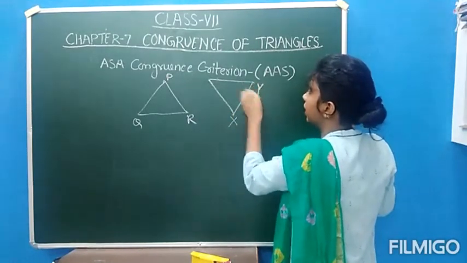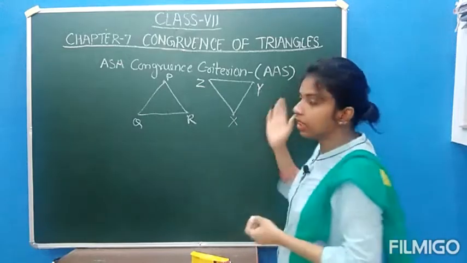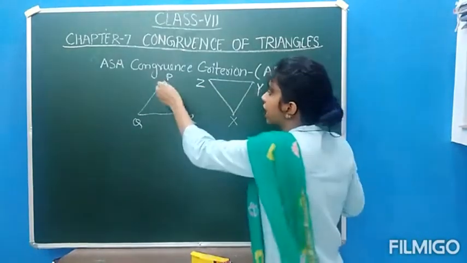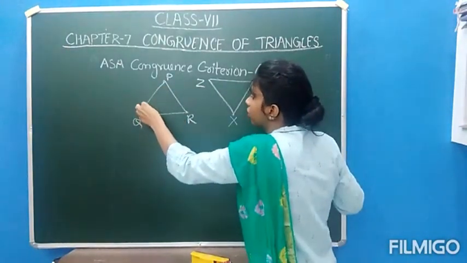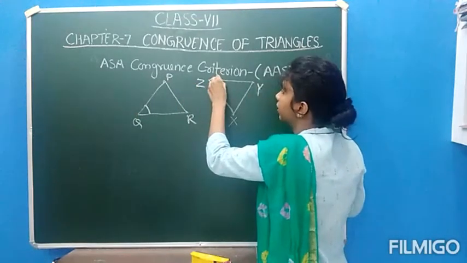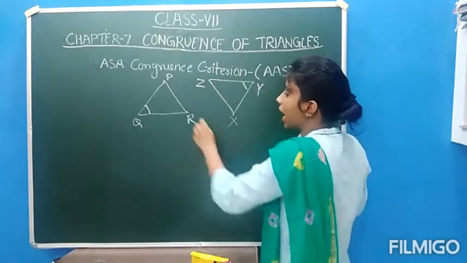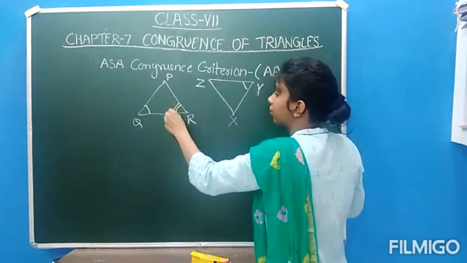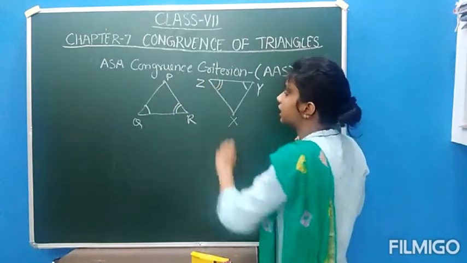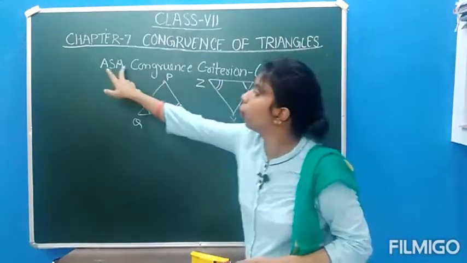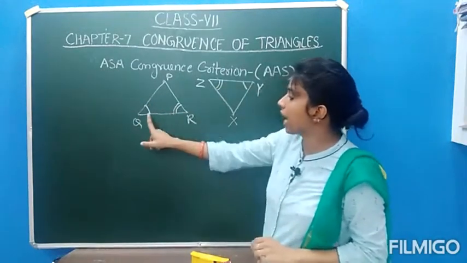This is triangle XYZ. In these triangles, suppose it is given that angle Q is equal to angle Y and angle R is equal to angle Z. Two angles are equal.